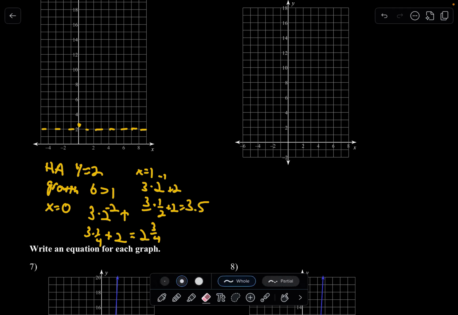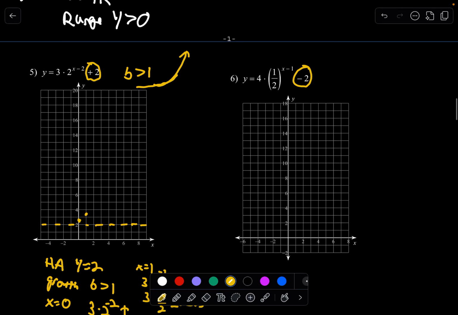Okay. So when x equals 1, we're at 3.5. All right, and we're there.